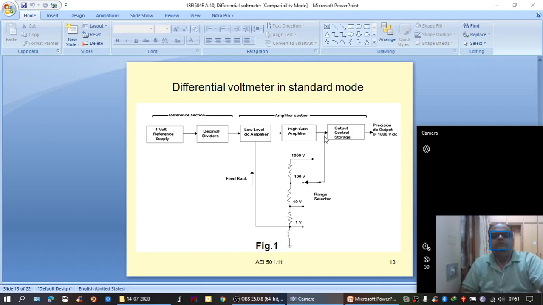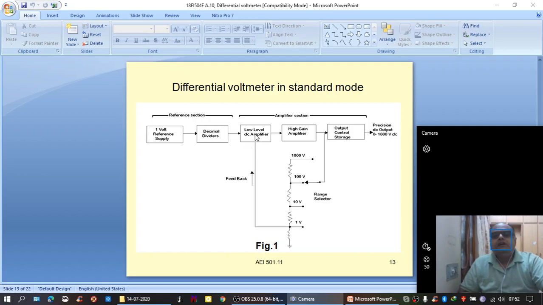Now, for some reason, if the voltage is reduced at the output, then at this terminal the voltage will be lesser than 1000. So the voltage across resistance R4 will be lesser when compared with the previous value.